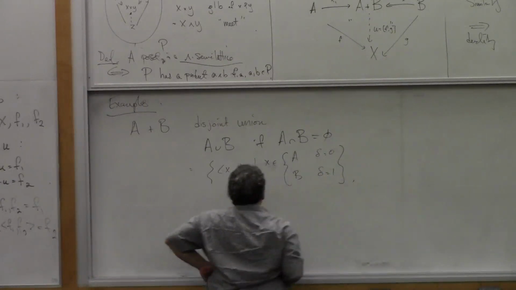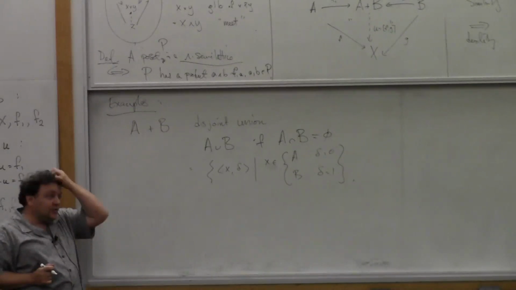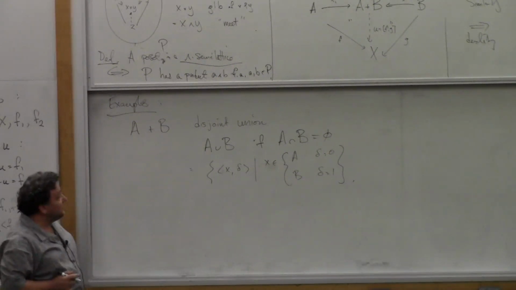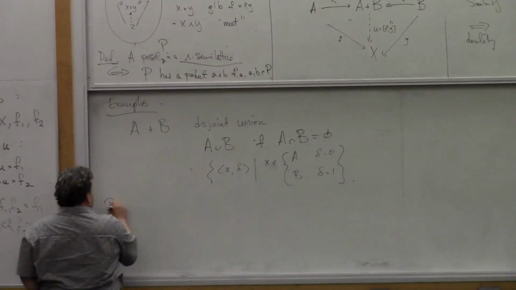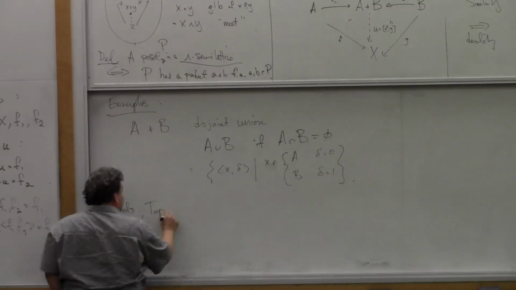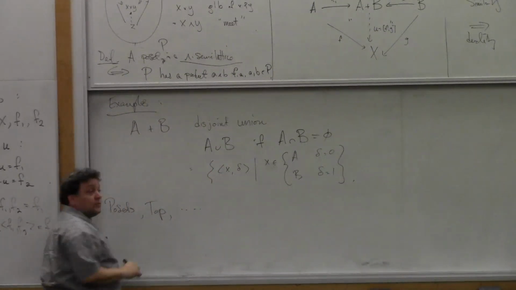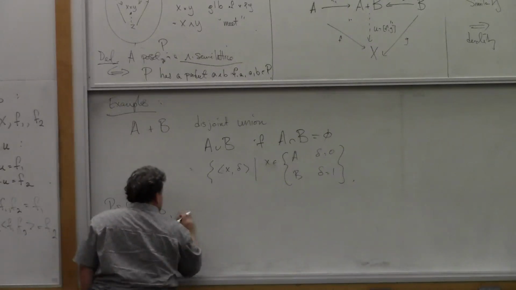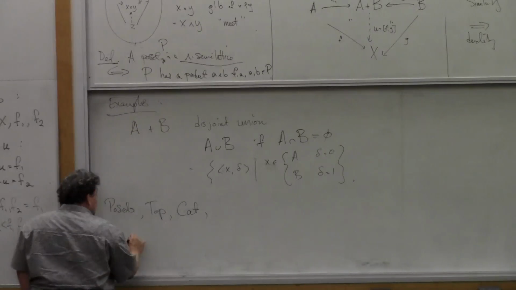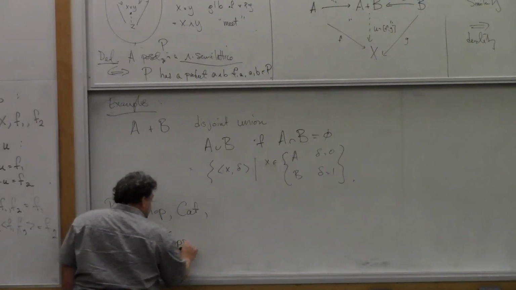You know what I mean by that, right? So that was another way of making a disjoint union. There are lots of other ways. It doesn't matter as long as you get the union to be disjoint. In posets, in topological spaces, the coproducts exist and they're built in a similar way, in Cat. However, in groups and monoids, they're more complicated.